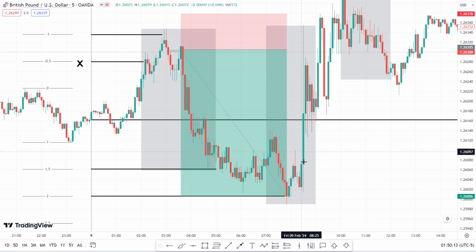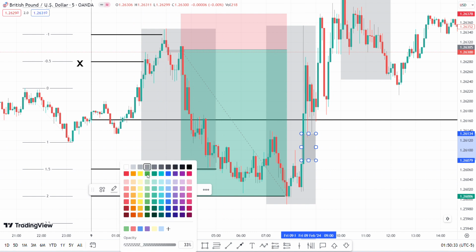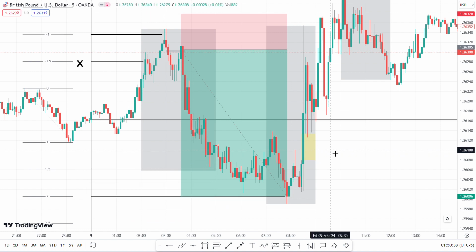So it creates a fair value gap. It gets to 2, creates a fair value gap, then goes back into the range of that fair value gap. To make it more clear, let's use dark yellow.